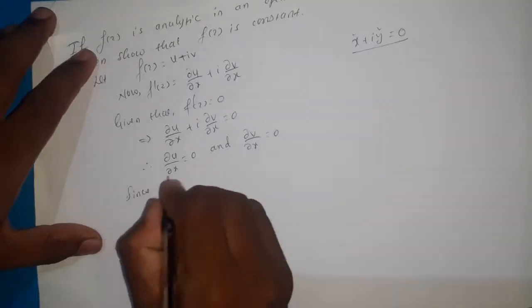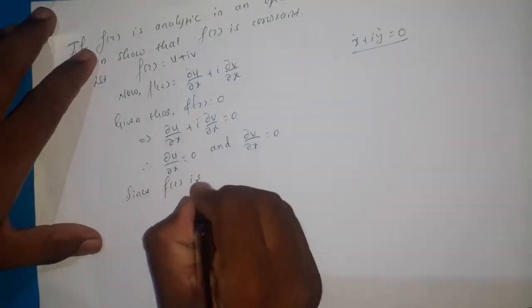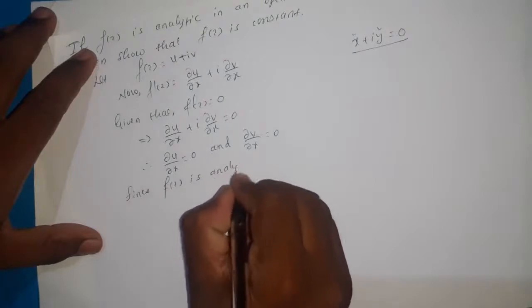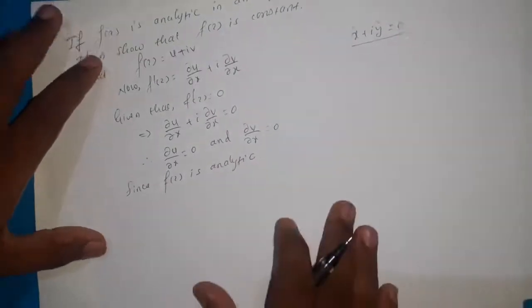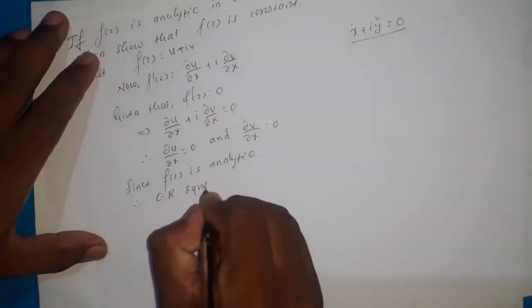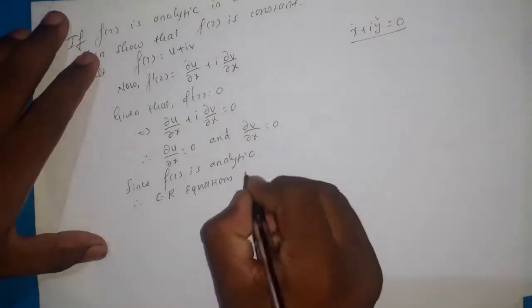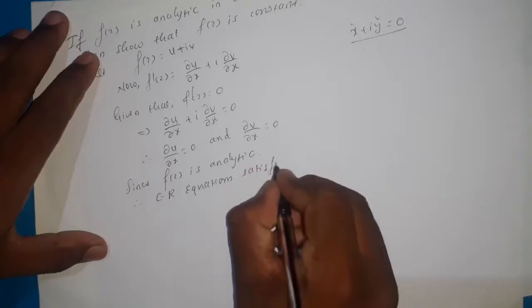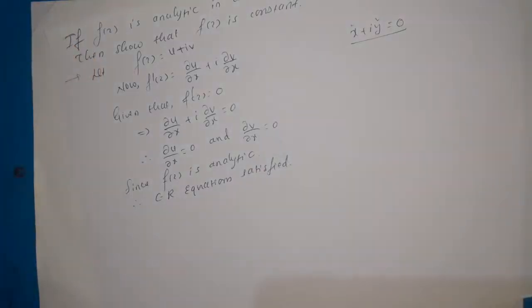Since f of z is analytic, therefore CR equations are satisfied. It is given that the function is analytic, so if the function is analytic, then CR equations are satisfied for that function.